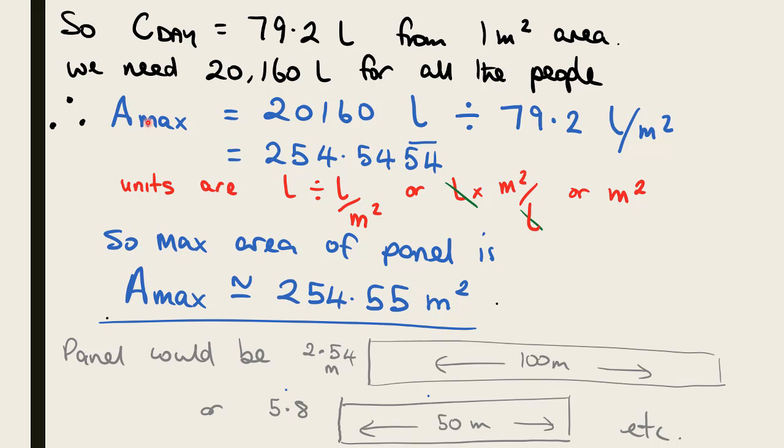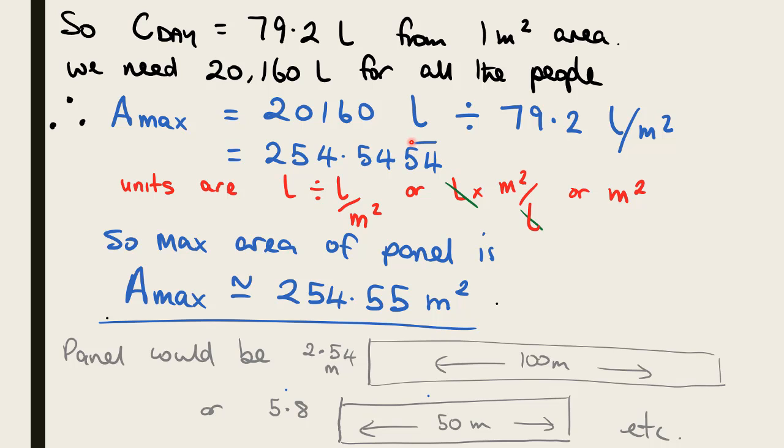So the area maximum will be the total number of liters that we need divided by how many liters fall on 1 meter squared, and that'll tell me how many meters squared I need, because I need a big panel. So that comes out to be 254.5454, and it keeps going 545454.